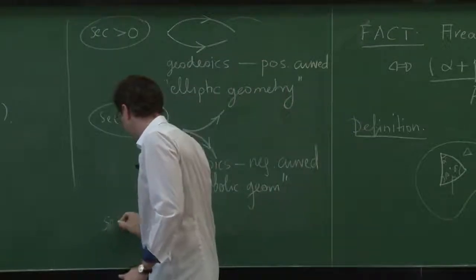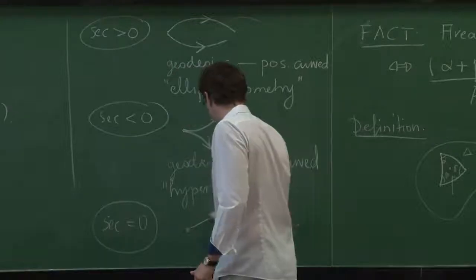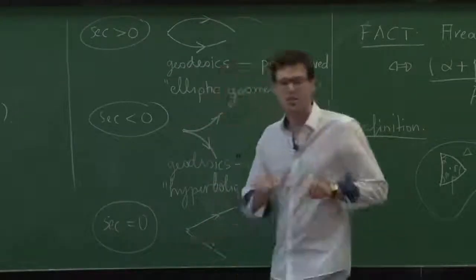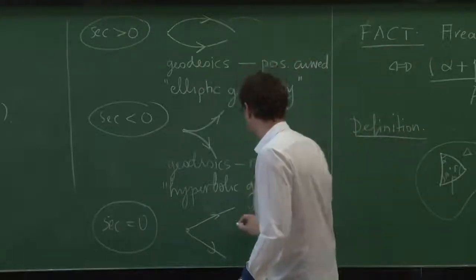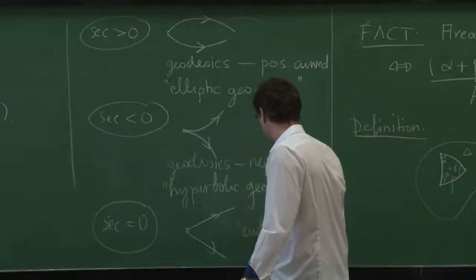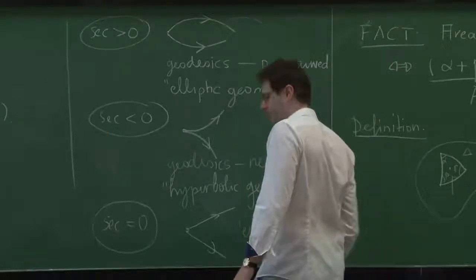And now the simple case, the sectional curvature being equal to 0, means that our geodesics are actually straight lines. Okay? And this is then the Euclidean geometry.